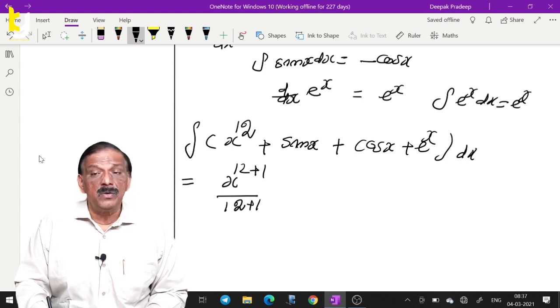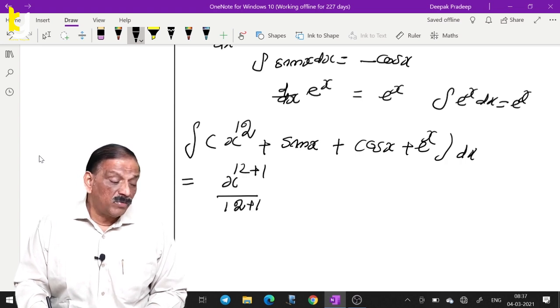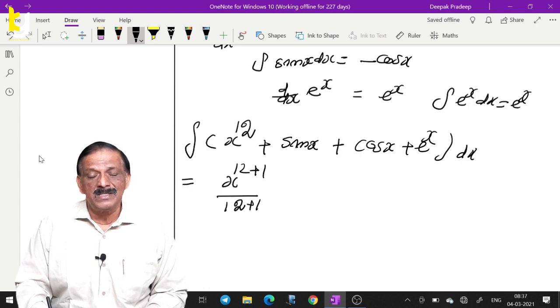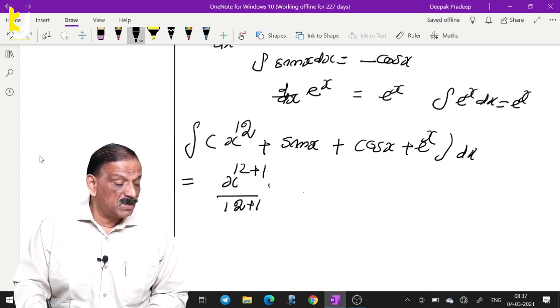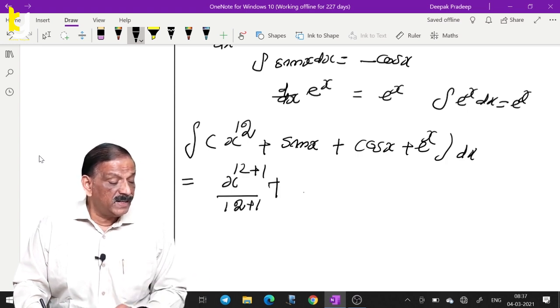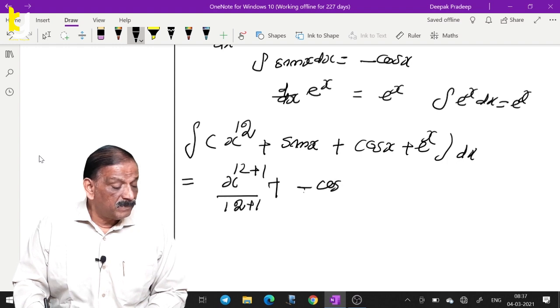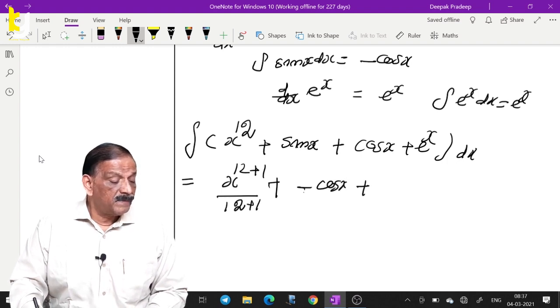d by dx of sin x equal to cos x, so integral cos x equal to sin x. Integral sin x equal to minus cos x, we had already studied, because d by dx of cos x equal to minus sin x.